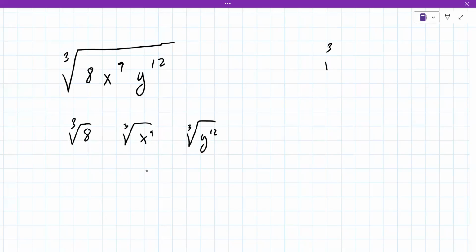And the cube root is to the power of 1/3. So in the case of the variables here, the exponents above the variable, you're dividing each one by 3. So these become x cubed. 9 divided by 3 is 3. That's where the 1/3 comes in. And y to the 12th becomes y to the 4th.